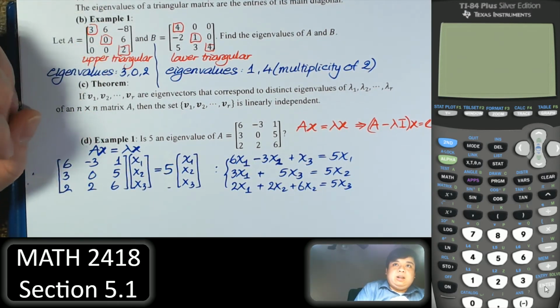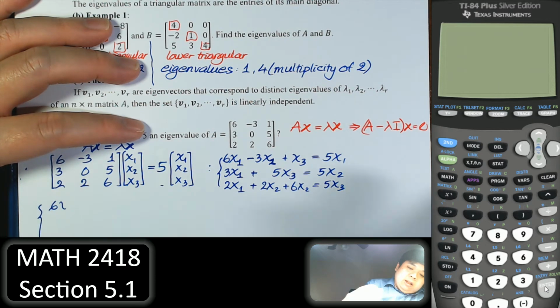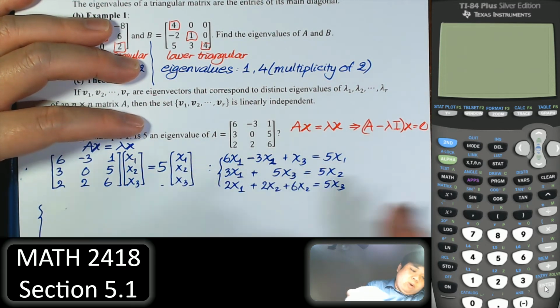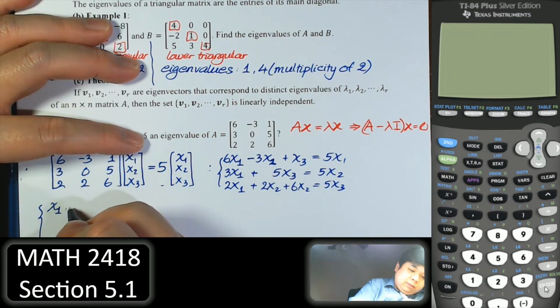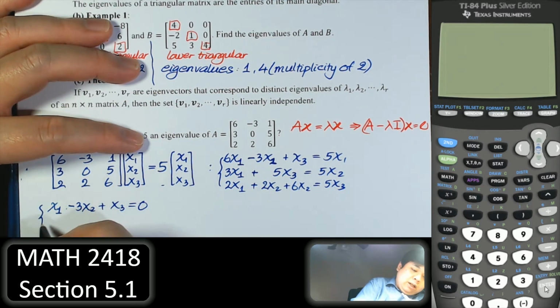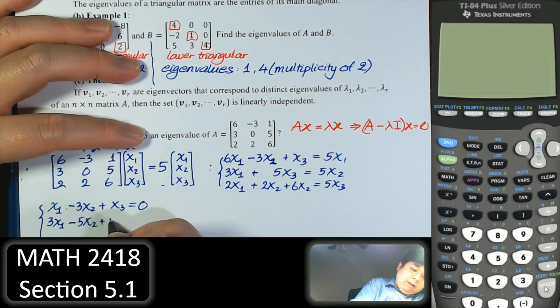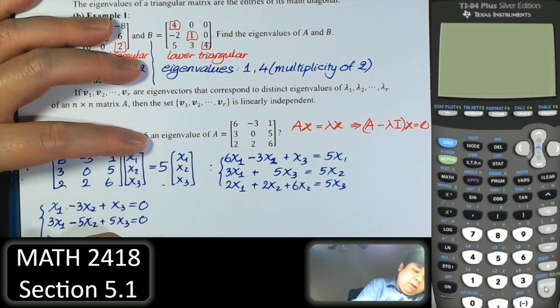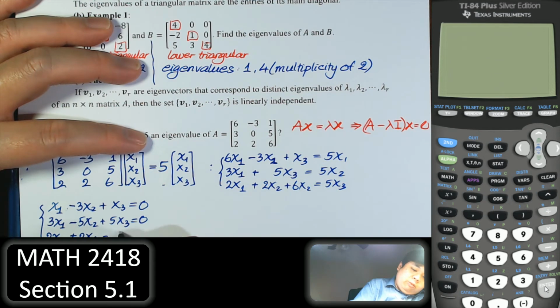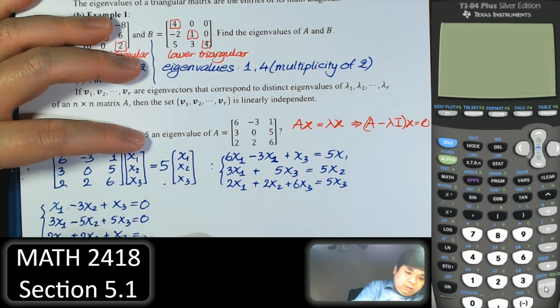Now we subtract 5x1, 5x2, 5x3 from the other side. Subtracting 5x1, we have x1 minus 3x2 plus x3 equal to 0. 3x1 minus 5x2 plus 5x3 equal to 0. 2x1 plus 2x2 plus x3 equal to 0.